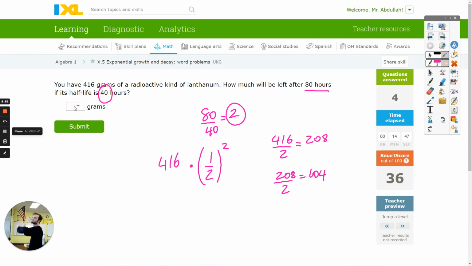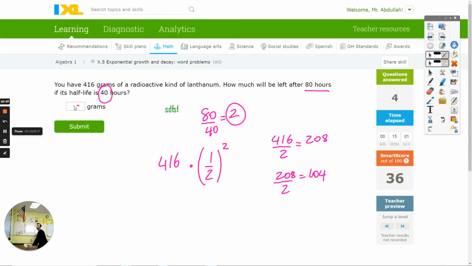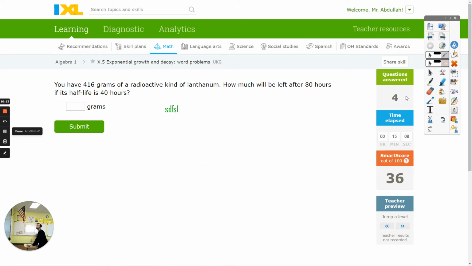Okay, let's go here. For some reason it doesn't work. Let me see if I can type anything in there. Oh, I see what the problem is. Do this right here. The answer is going to be 104.